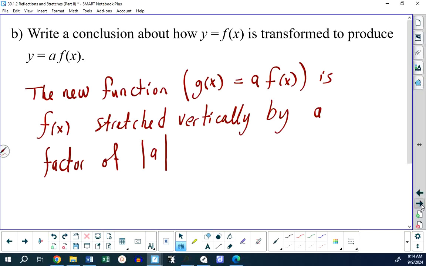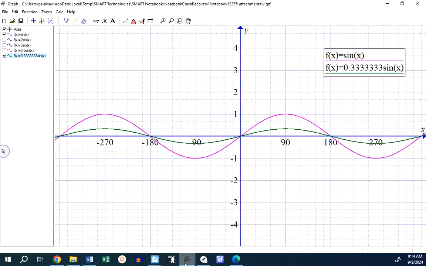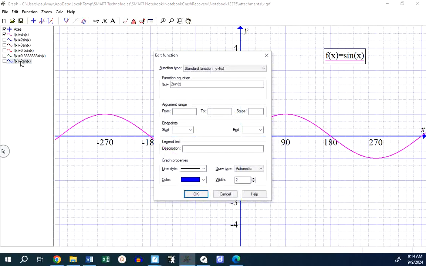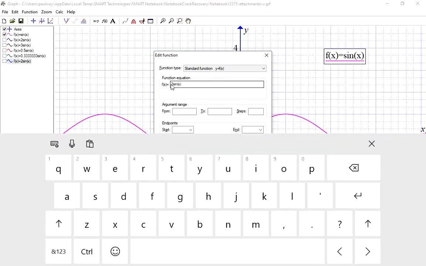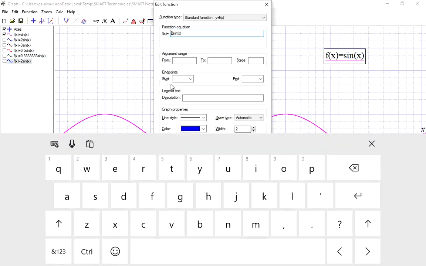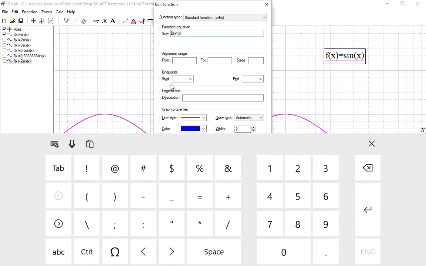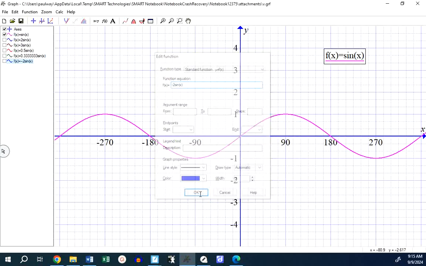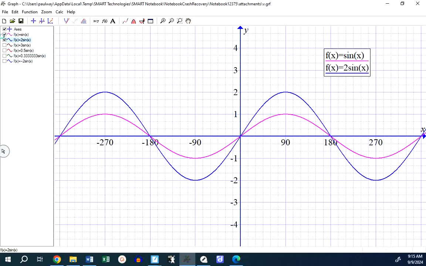So, and I guess I can show this to you. It will only take a second. If I were to graph not 2 sine of x, but -2 sine of x, so here's 2 sine of x.